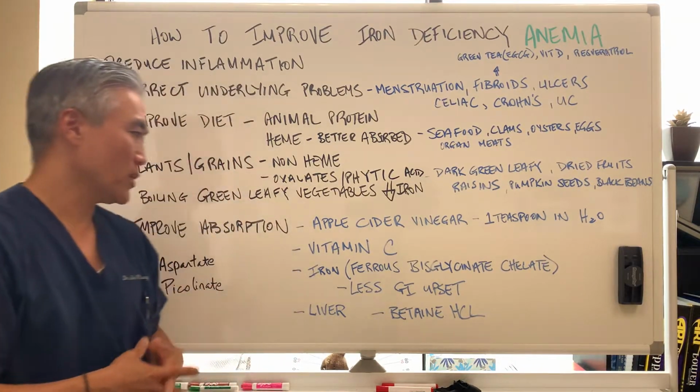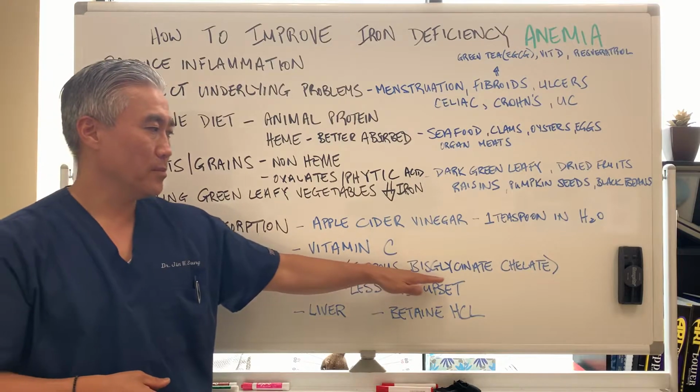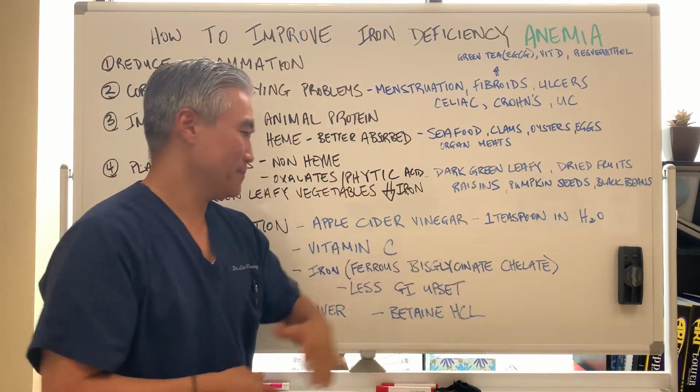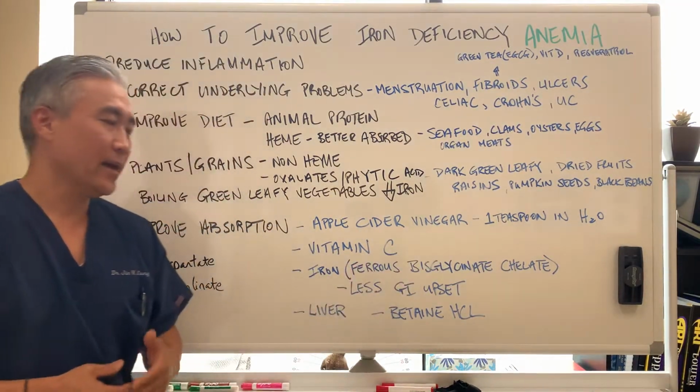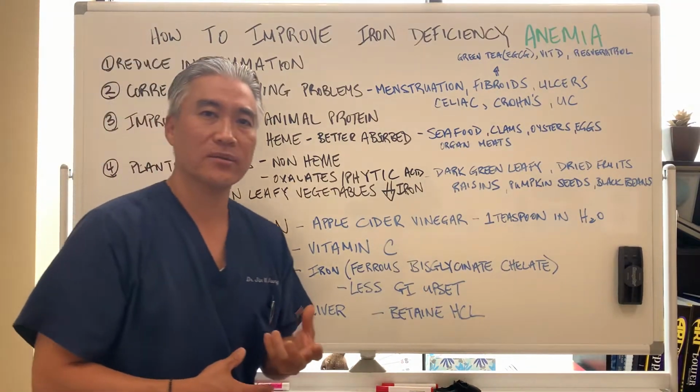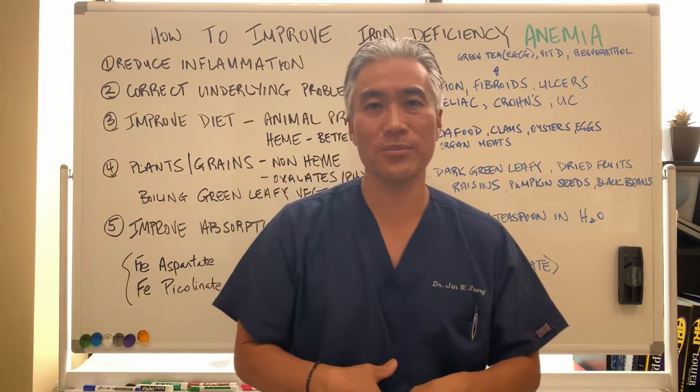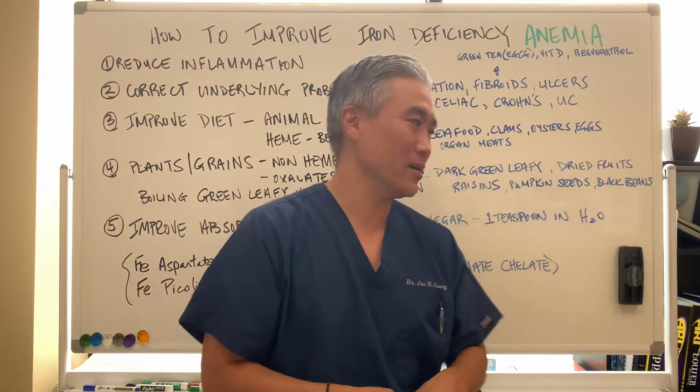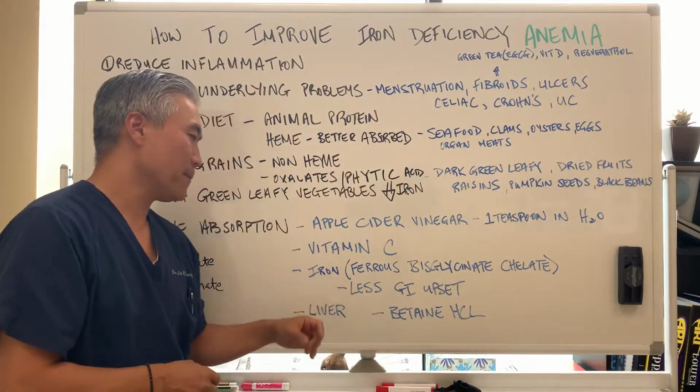So we like to recommend a ferrous bisglycinate chelate. It's a form of iron that creates less GI upset, so fewer digestive problems or constipation and those types of things. So we would like to recommend that.